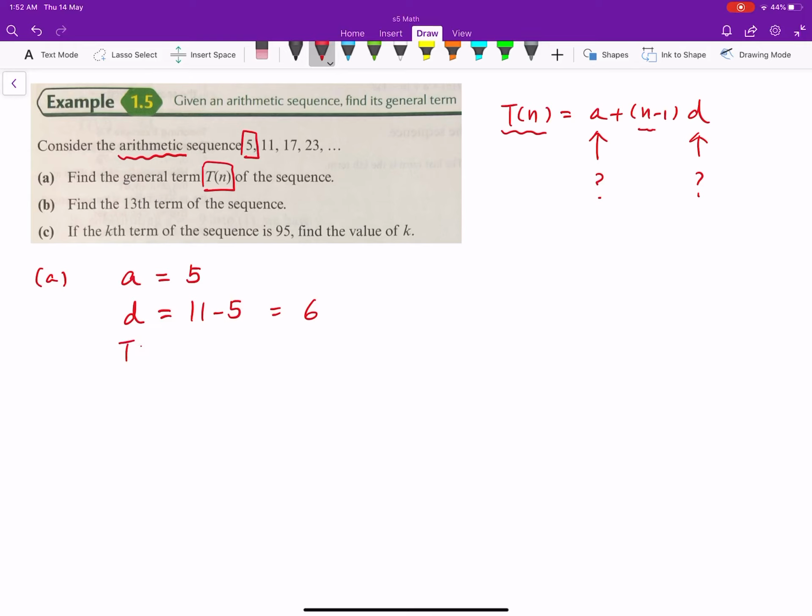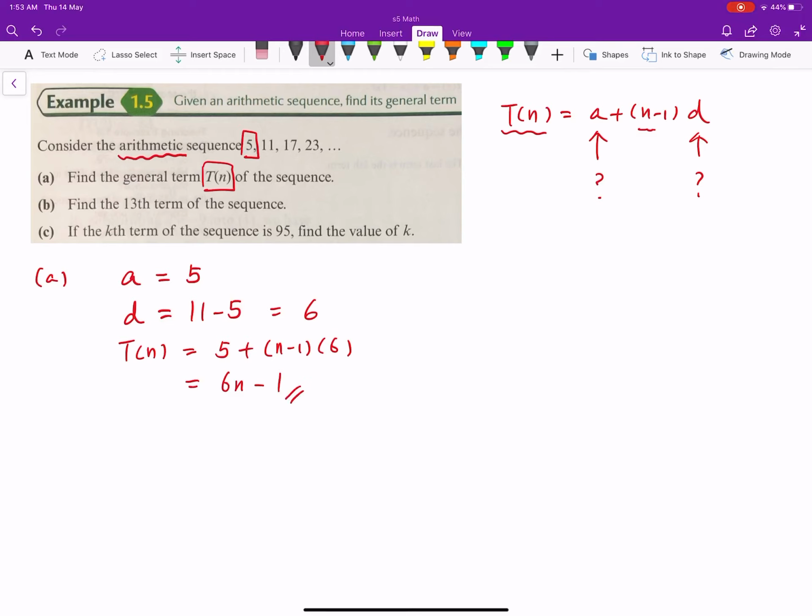Then we can find the Tn by the formula directly. So A plus n minus 1 D. Because now we are going to find Tn, the general term, the answer will be in terms of n. Just bear in mind this. Then we'll get 6n minus 1.